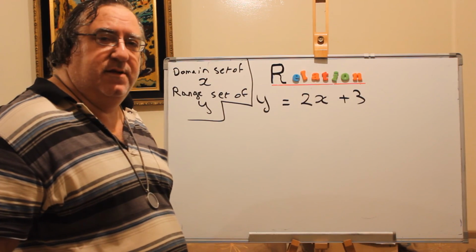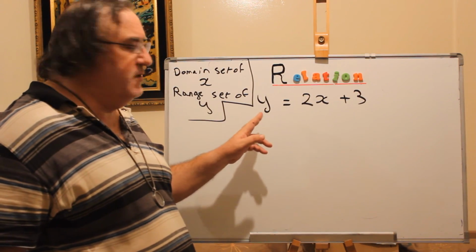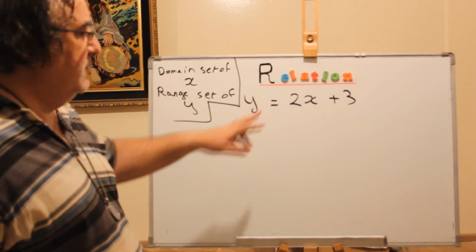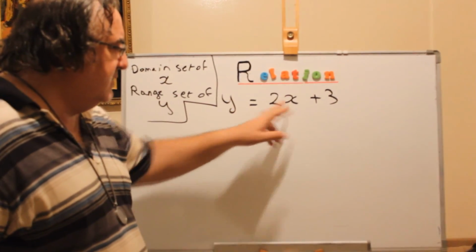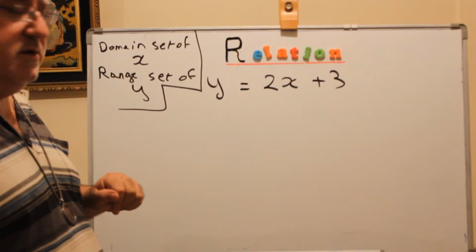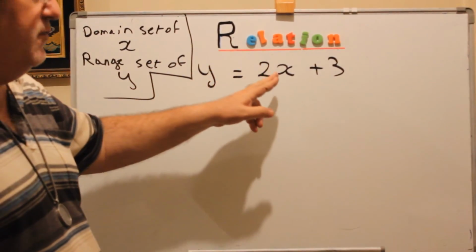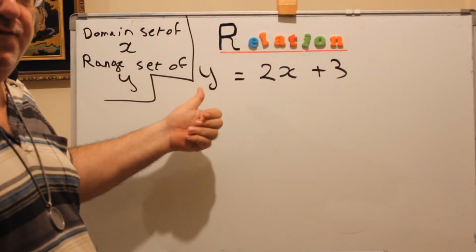Okay, this is the final thing we are going to explain. Suppose you have an equation y equals 2x plus 3. Okay, so this is the variable, the x is here and the y is here. Whatever we give x, there is one value for y.